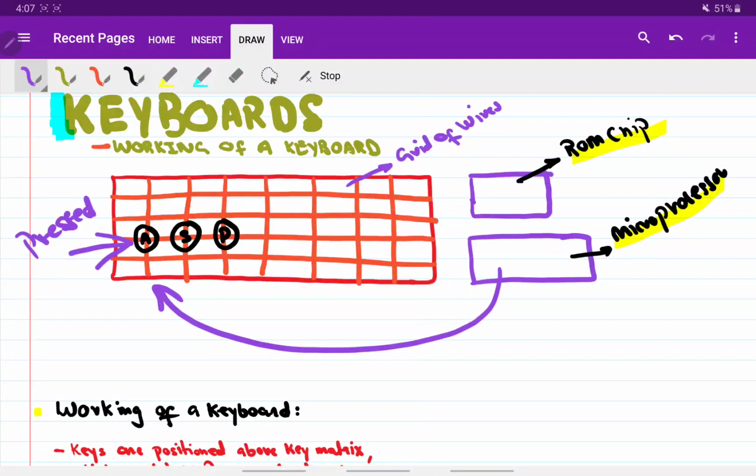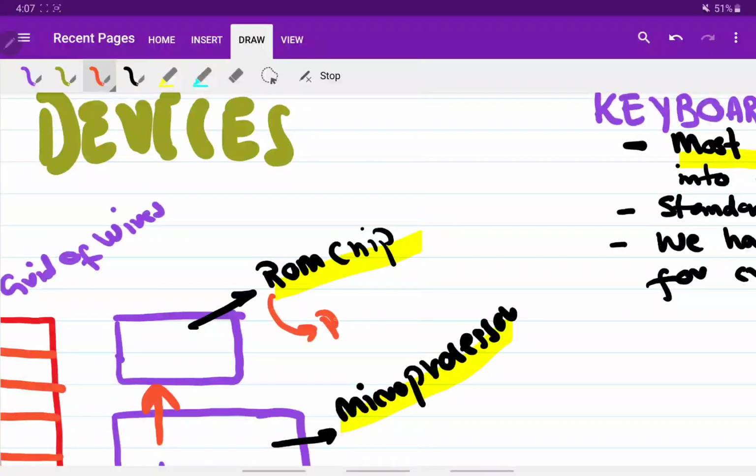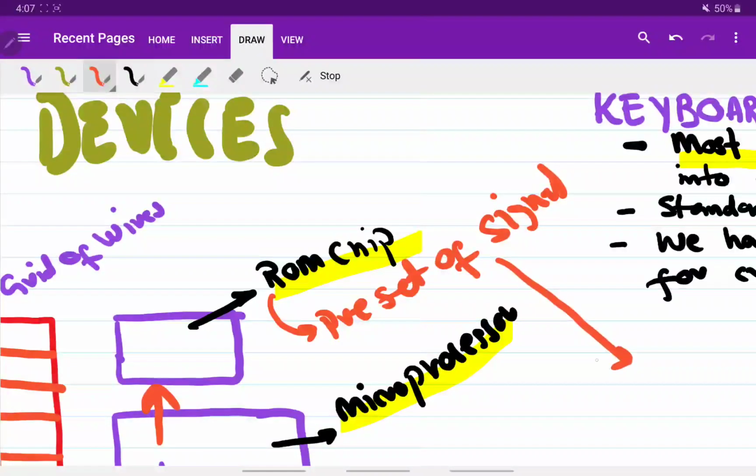Whenever a signal is generated, the microprocessor processes that signal and goes straight to the ROM chip. The ROM chip stores a preset of signals, and every signal contains a character.